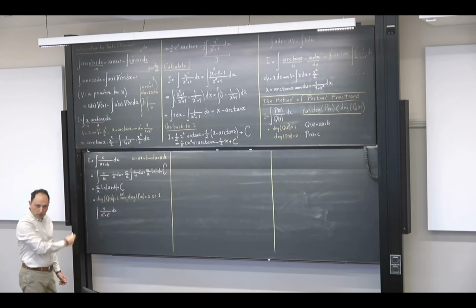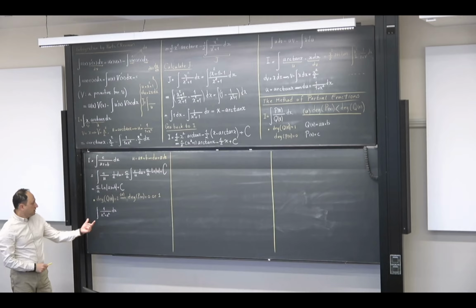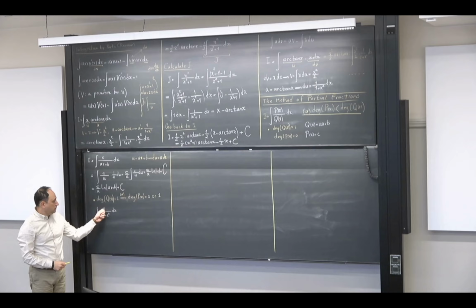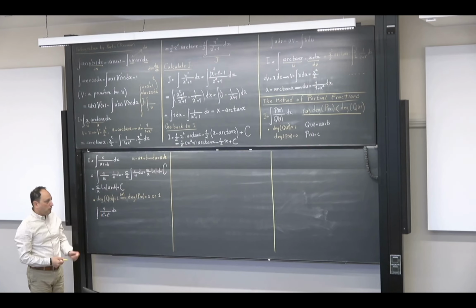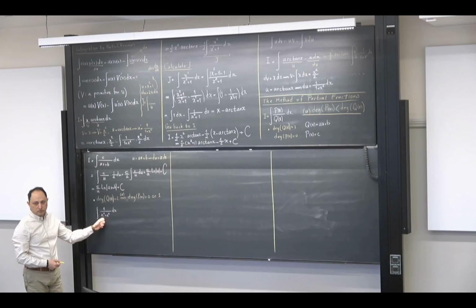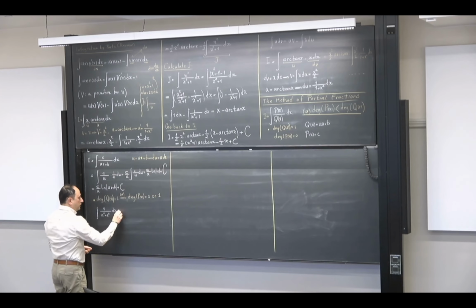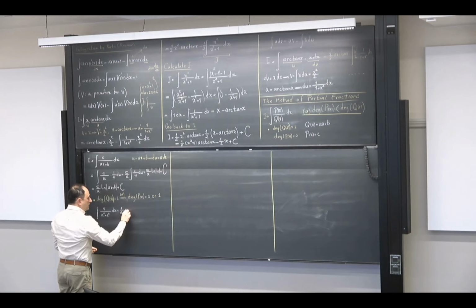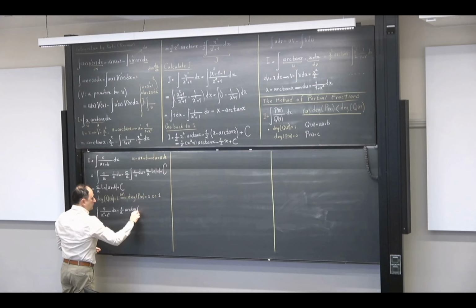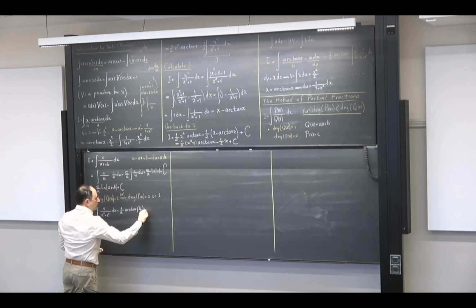This is one of these cases, yes? The denominator is degree 2, the numerator is degree 0. Of course, I could choose any other number, but that is a minor problem. But this you already know. Do you know the answer? Arctangent. So it is 1 over a arctangent of x over a, and then you have plus your constant.